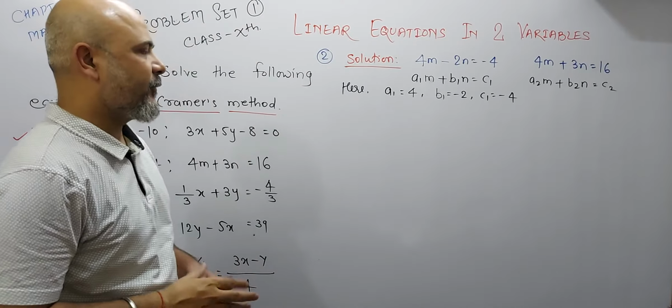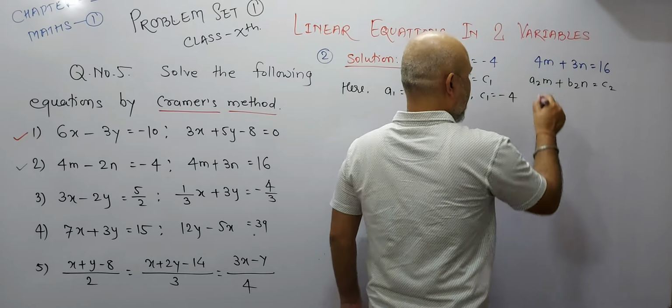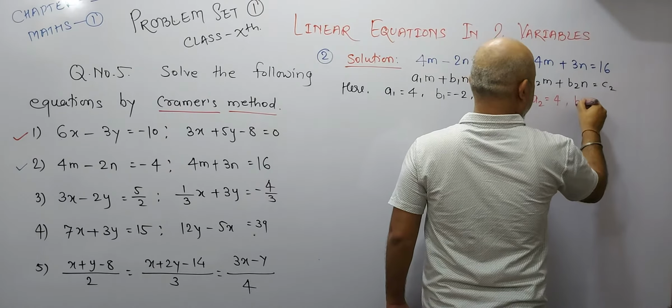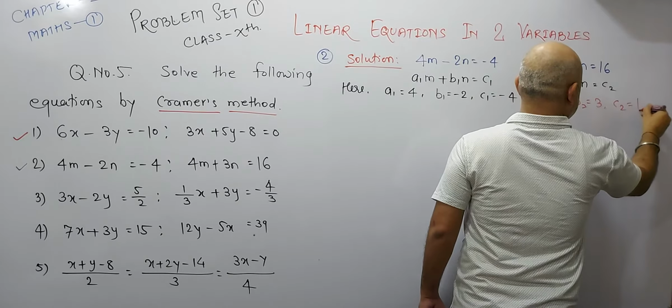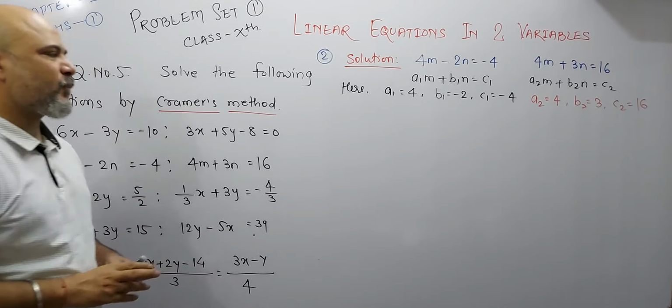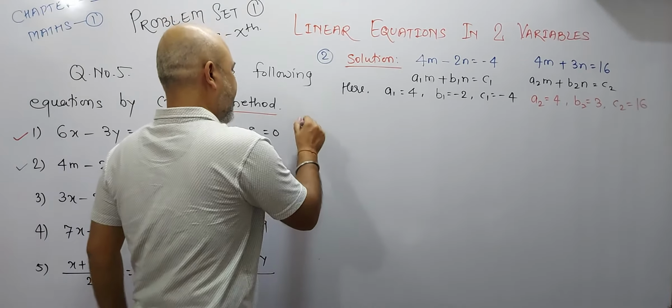Similarly, we will write the values for a2, b2 and c2. So a2 is 4. What is b2? b2 is 3, and your c2 is 16. Okay. Now we find the value of the determinant. So first we'll find d.